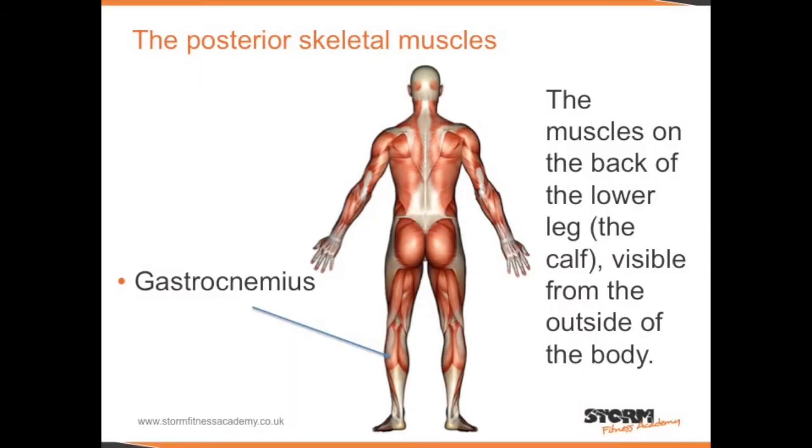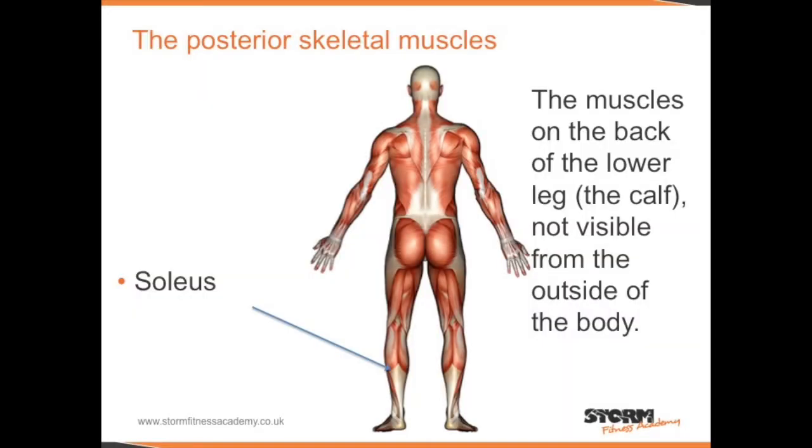Gastrocnemius. These are the muscles on the back of the lower leg, what we call the calf, visible from the outside of the body. Soleus. These are the muscles on the back of the lower leg, the calf, not visible from outside of the body.